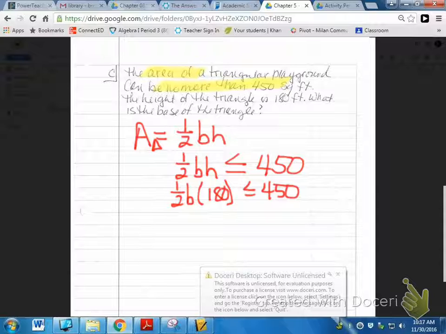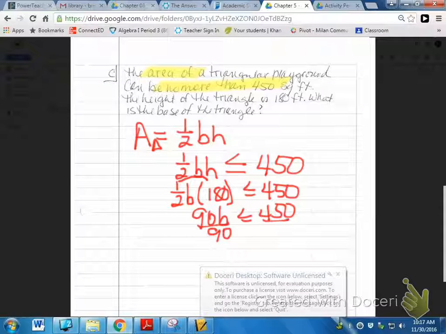I'm going to kind of skip over here. You can commute and rearrange, but I think we can see 1/2 of 180 would be 90. So 90b is less than or equal to 450. And divide by 90. So b is less than or equal to 5. This is a story problem.